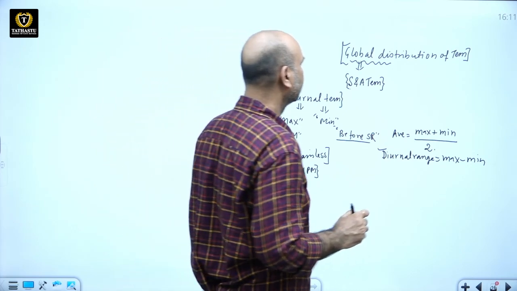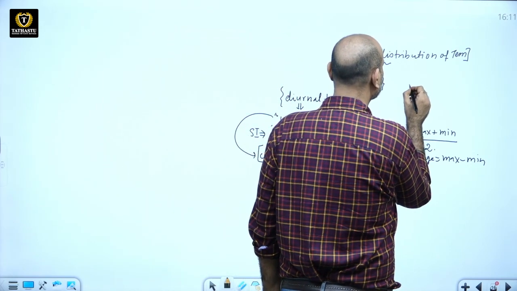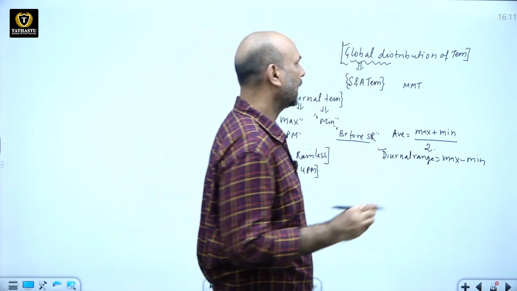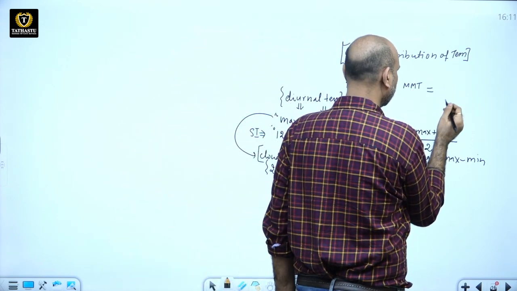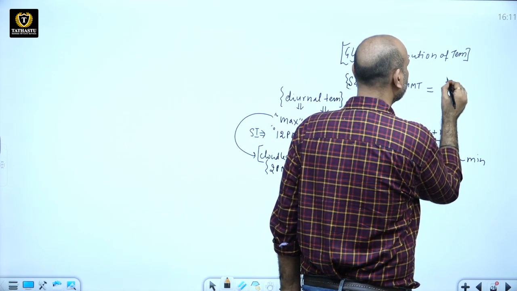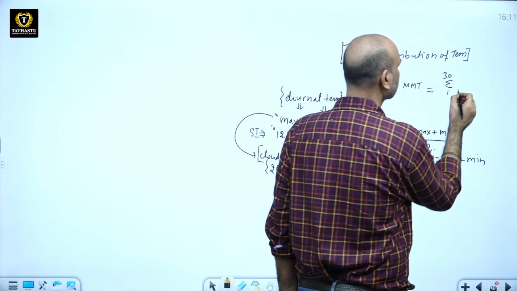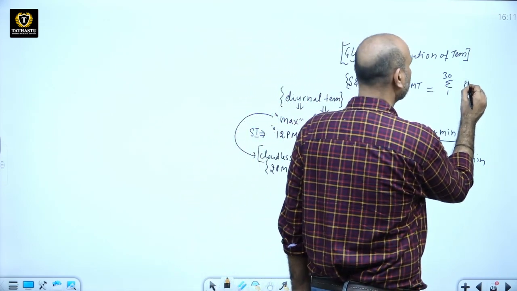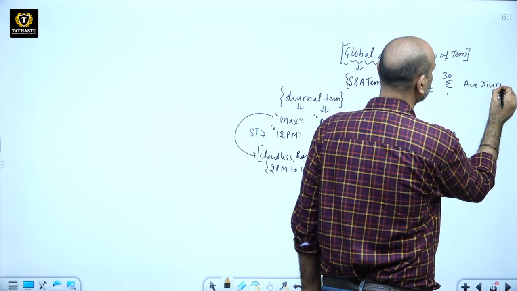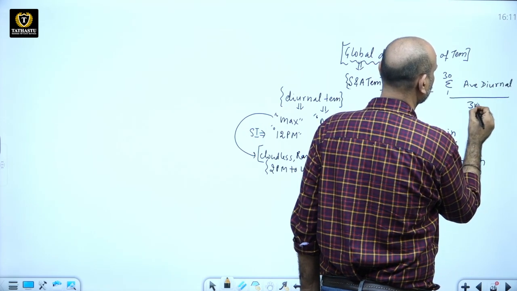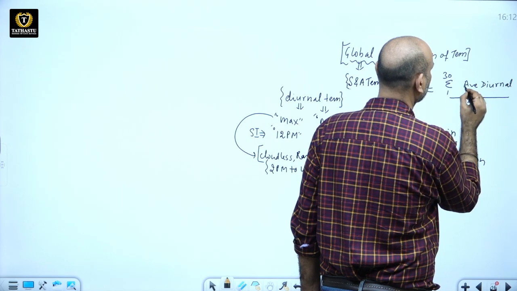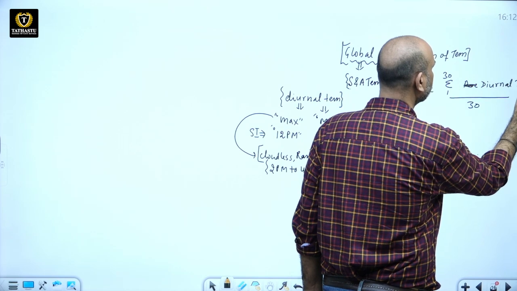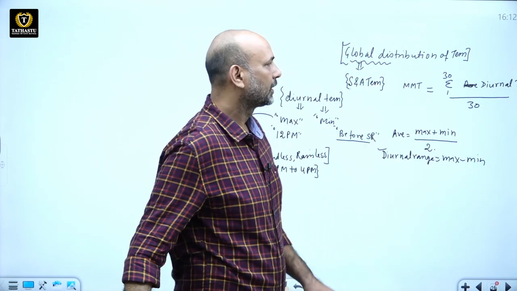Then we calculate mean monthly temperature. That is by averaging the diurnal average of every day. Like if there is a month of 30 days, that is written as summation, average diurnal mean monthly temperature: summation 1 to 30 of diurnal temperature divided by number of days.